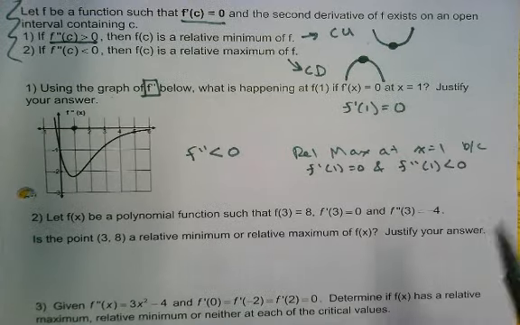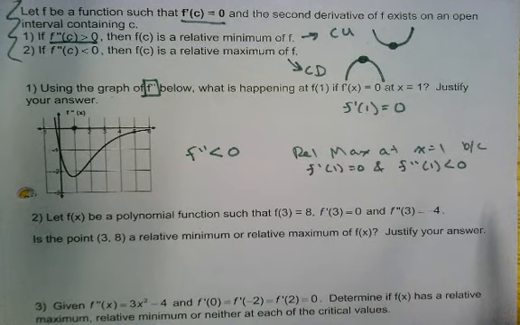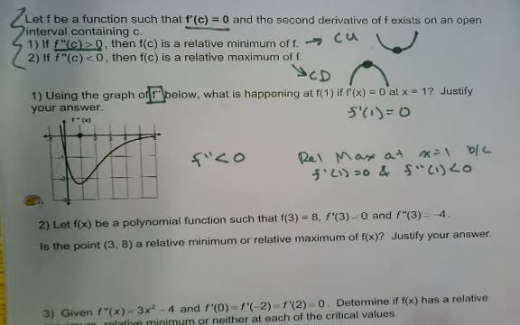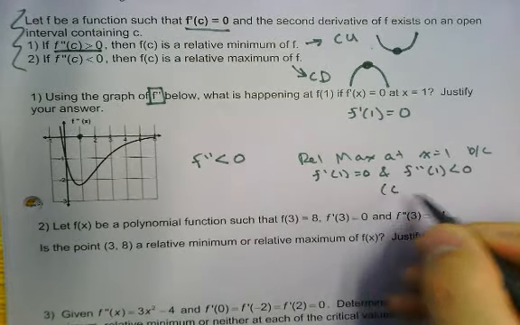Could you instead say it's concave down at 1? You could. I don't really care. But again, I'm trying to do the bare minimum for you. If you don't like notation because it scares you, you're like, I'm not going to remember that, you could also just say it's concave down.